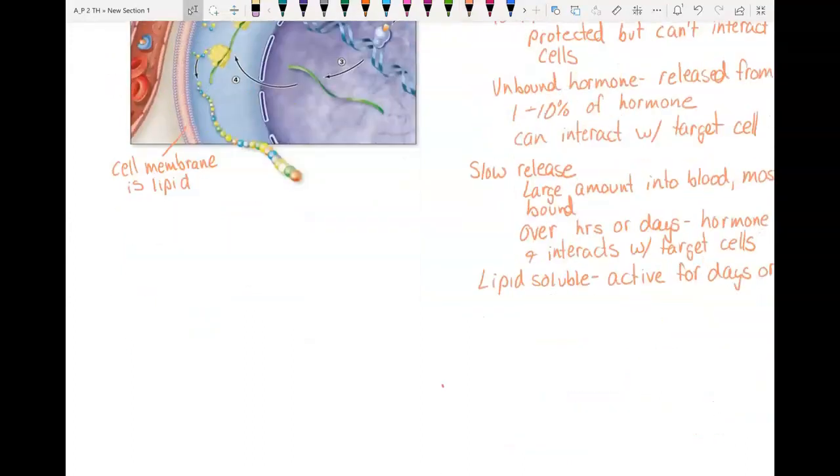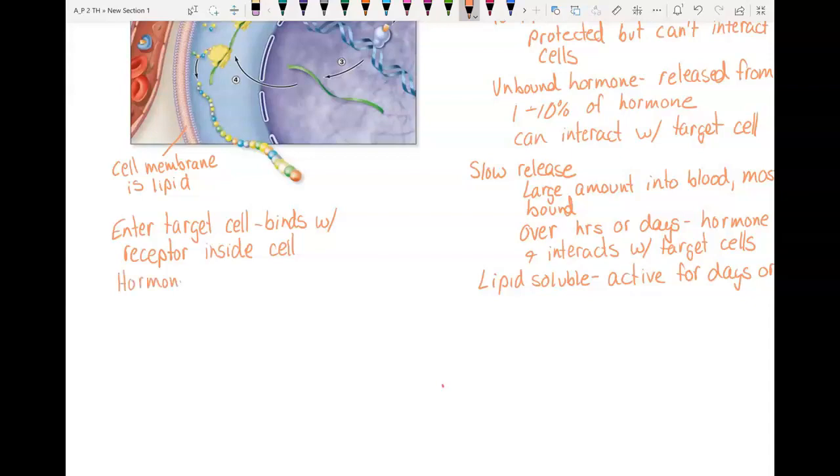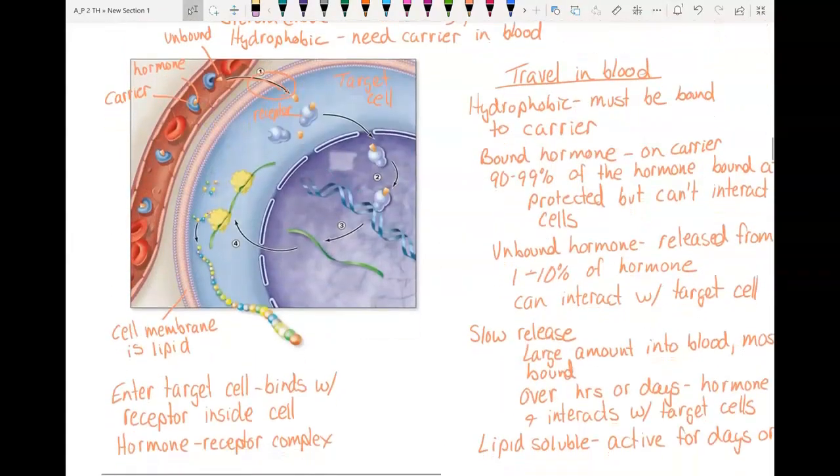So the lipid-soluble hormone will enter the target cell and bind with a receptor inside the cell. This is then called a hormone receptor complex, where the hormone and receptor are bound to each other.